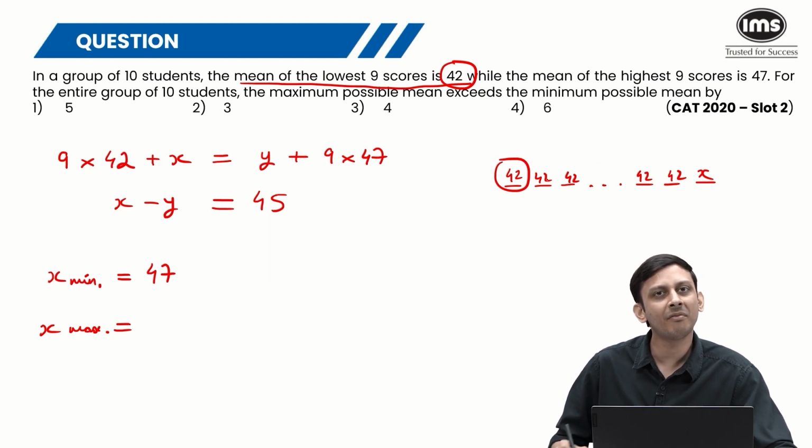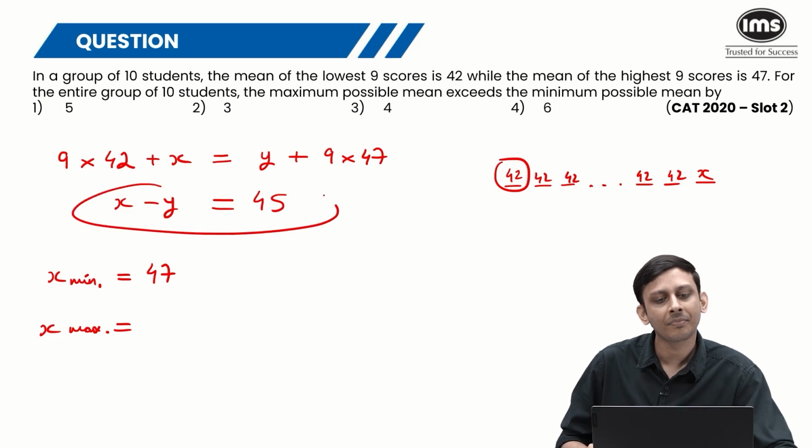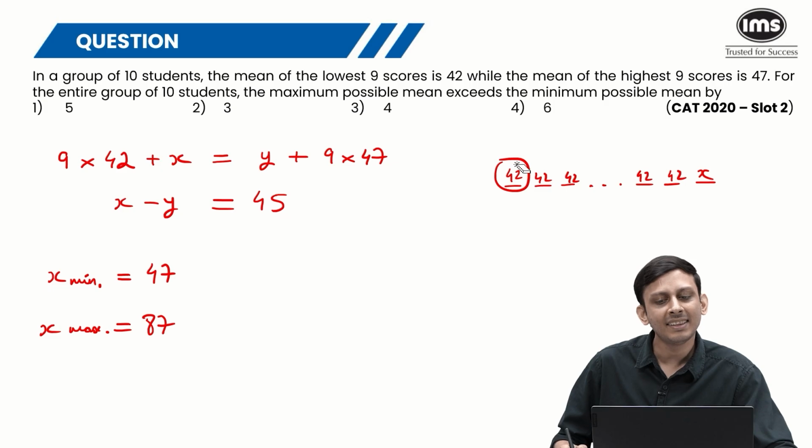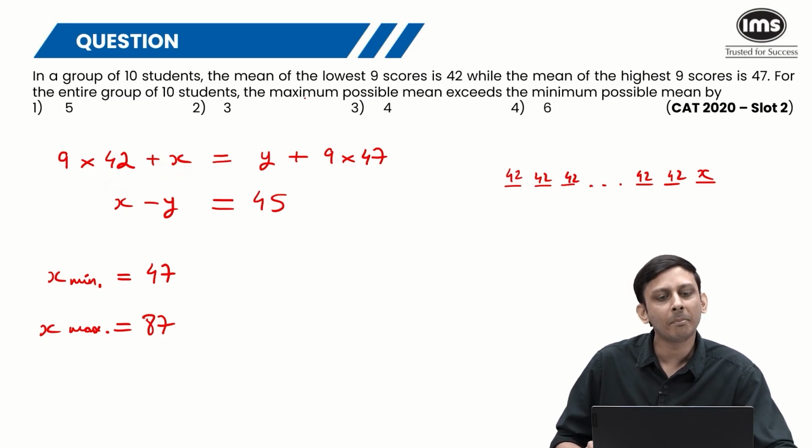If we take the maximum value of y, then we'll get the maximum value of x in this case. That x will be y plus 45. So 42 plus 45, that will come out to be 87. And now therefore we can see that if you're looking at the average of all the 10 students, which means this entire sum divided by 10, and we are looking at the maximum minimum difference.